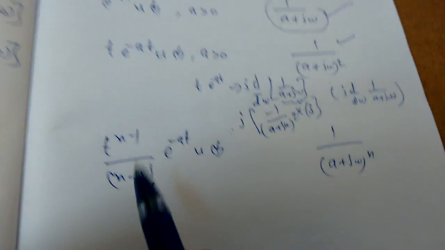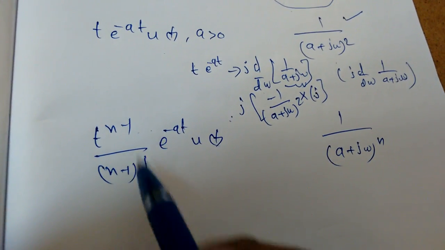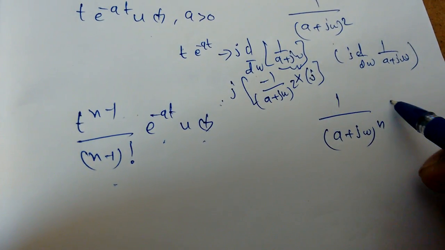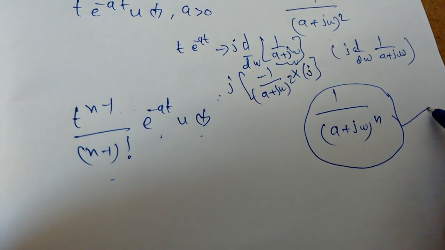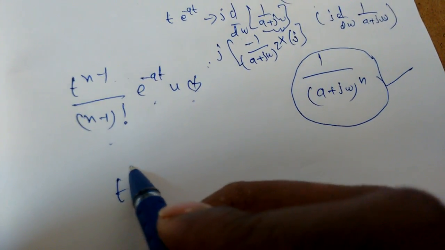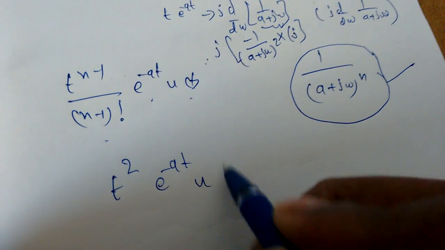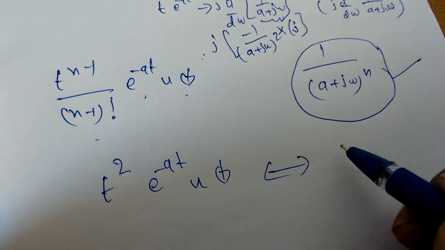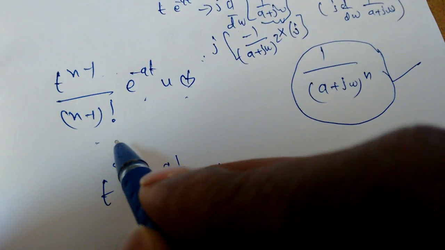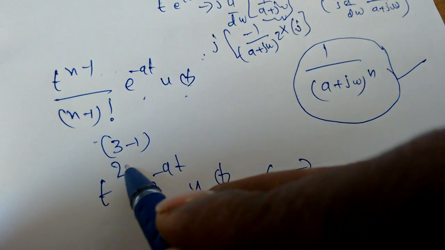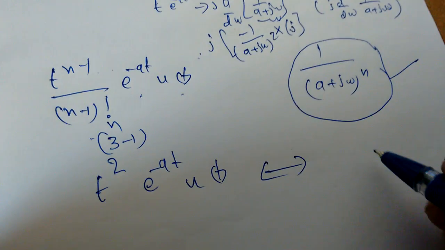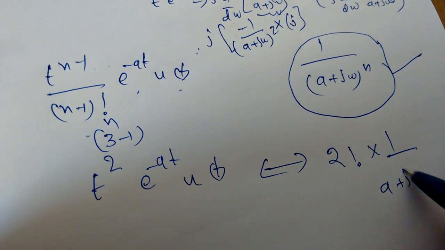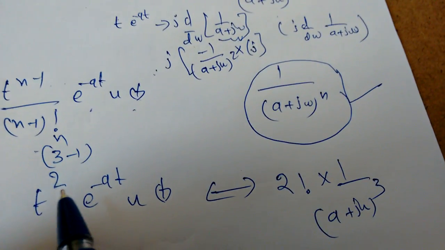Similarly, there is a generalized expression for this: t^(n minus 1) by (n minus 1) factorial into e^(minus at) into u(t) gives 1 by (a plus jω) whole to the power n. If t² into e^(minus at) u(t) is there, the (n minus 1) factorial goes here. Here n is 3, so 3 minus 1 is 2, 2 factorial into 1 by (a plus jω) whole cube, because n is equal to 3 here.